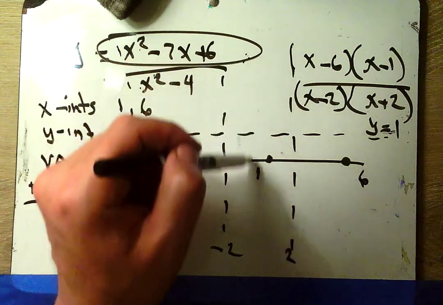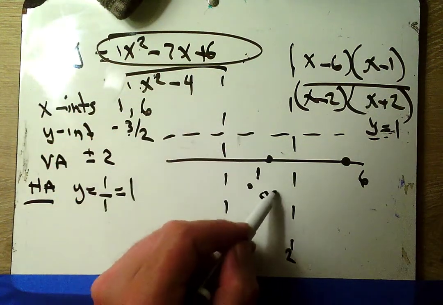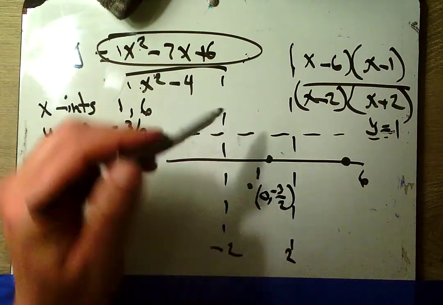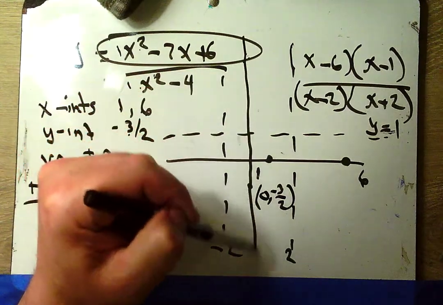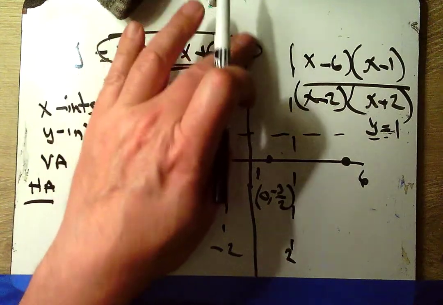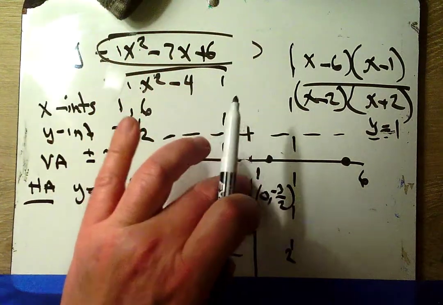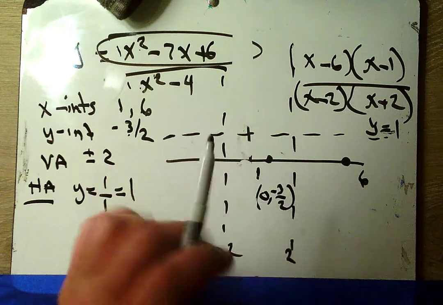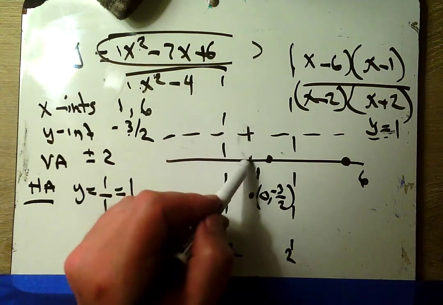So 0, -3/2. And you could certainly draw a y-axis here. But, yeah, I'm just finding that really confusing. So, if you want, you can put it there, but I'm not going to put it there until I'm done.